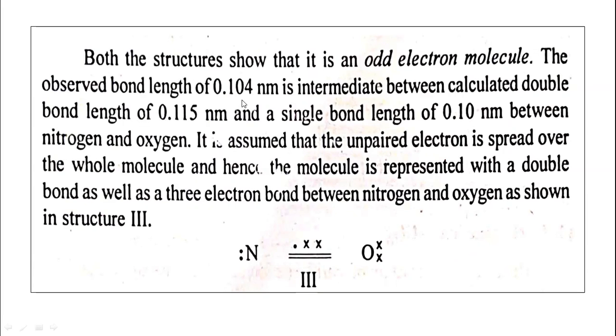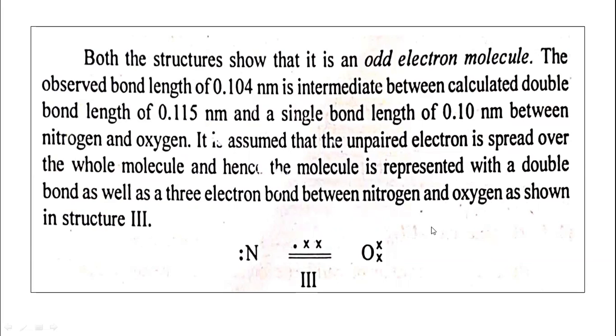The observed bond length is 0.104 nanometer, in between the calculated double bond length 0.115 nanometer and a single bond length 0.10 nanometer between nitrogen and oxygen. It is assumed that the unpaired electron is spread over the whole molecule, and hence the molecule is represented with a double bond as well as a 3 electron bond between the nitrogen and oxygen.